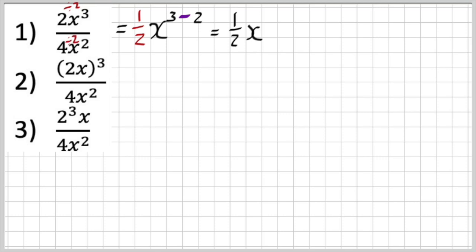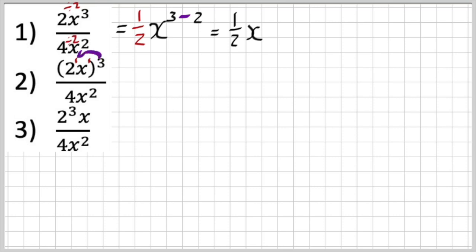Now what about question 2? All of a sudden, that exponent of 3 counts for both the 2 and the x. So I've got to have 1s at my exponents because I want to apply law 4.